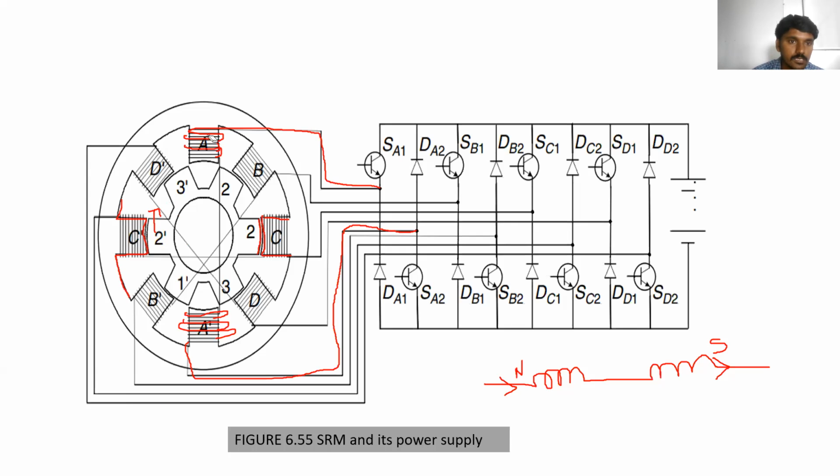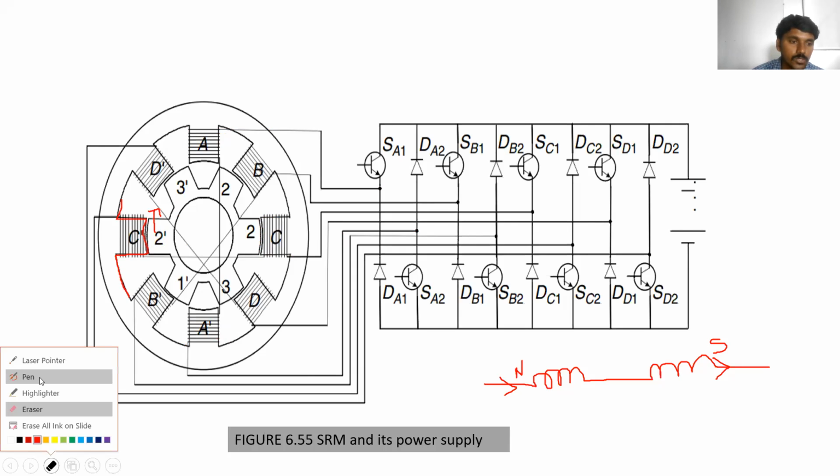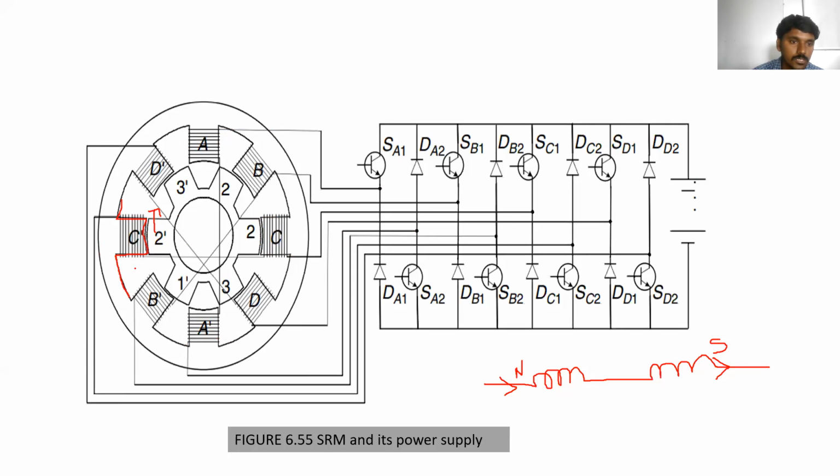Which coil should be energized? Can anybody tell? Which coil should be energized in order to move this rotor in clockwise direction? Now the rotor position is at this position.